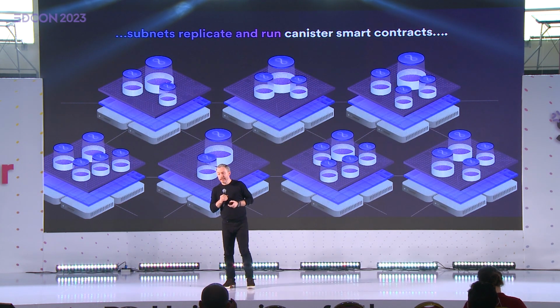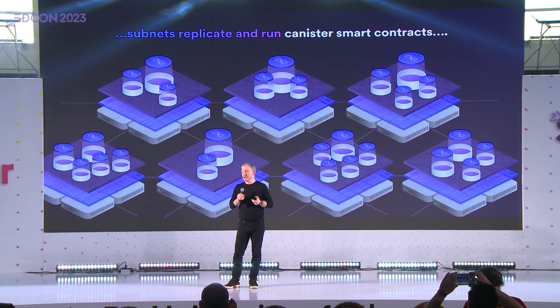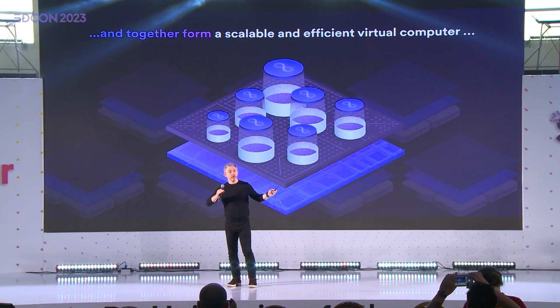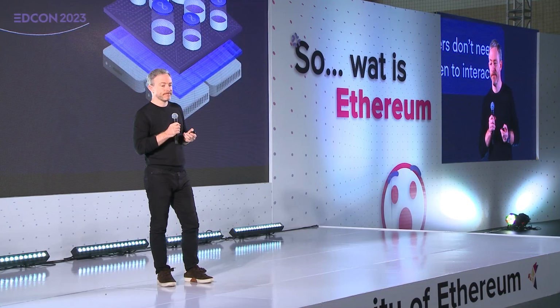And these subnet blockchains host and replicate canister smart contracts, which I think I mentioned can run concurrently on a subnet, but it's done deterministically. And together, all these subnets are combined using chain key crypto to produce a single, scalable, and efficient virtual computer that hosts canister smart contracts.